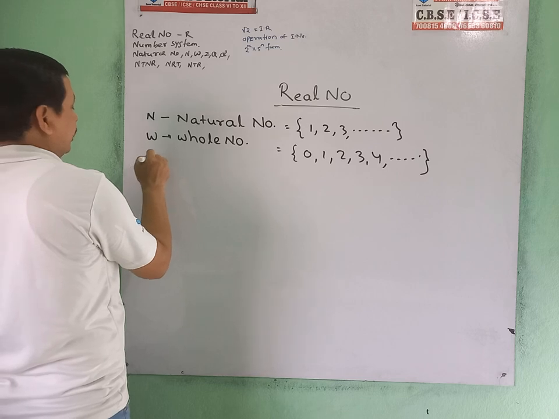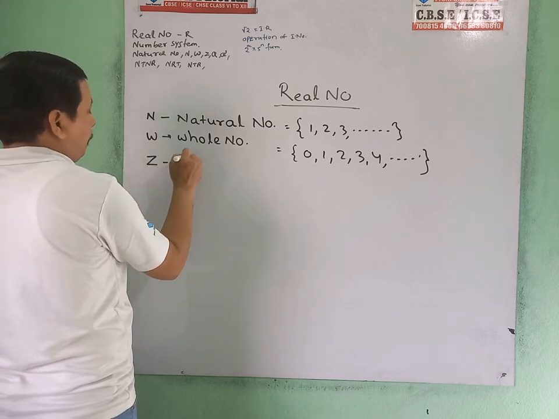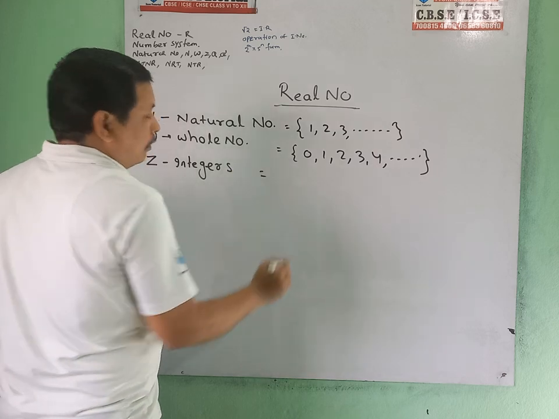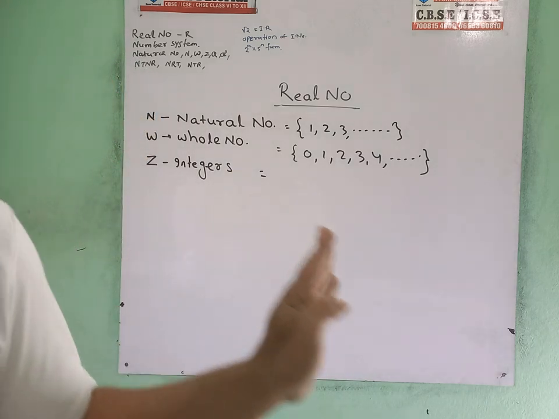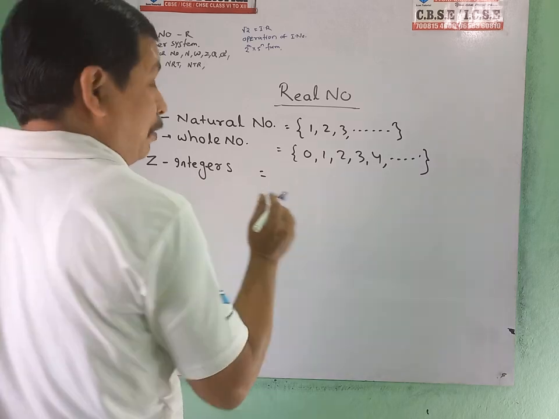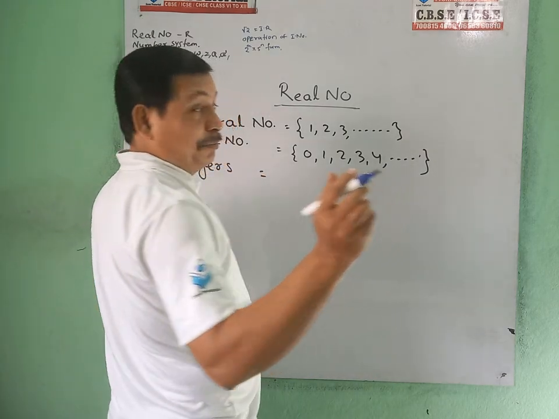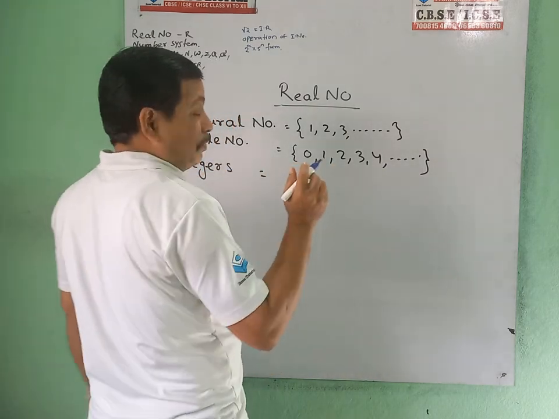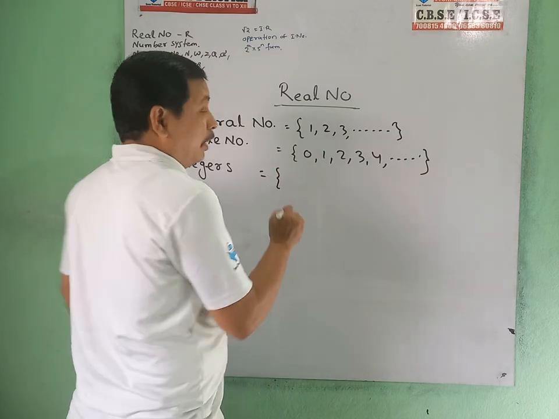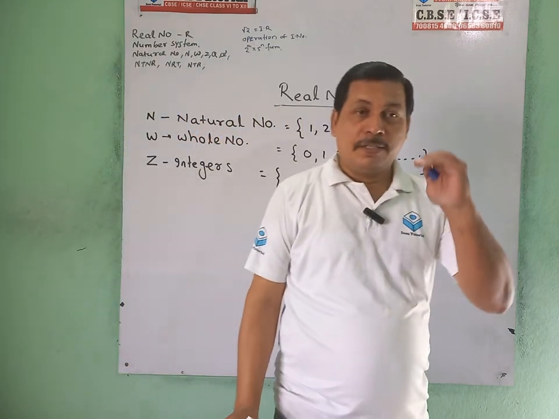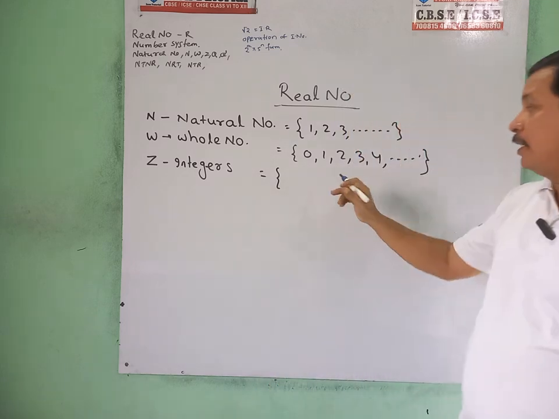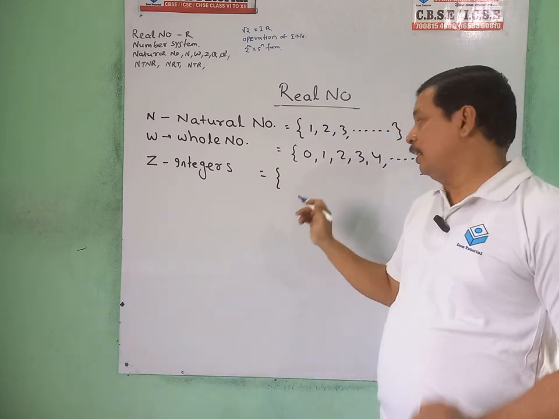Next is integers, Z. Is it visible to all of you? Okay, I hope this is visible, because I am also watching on my camera. Yes, it's visible. So integers, what is it? All negative and positive whole numbers are called integers.